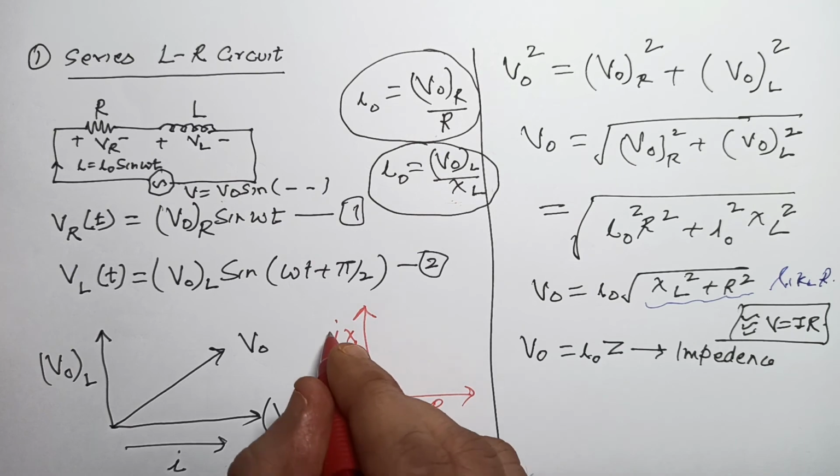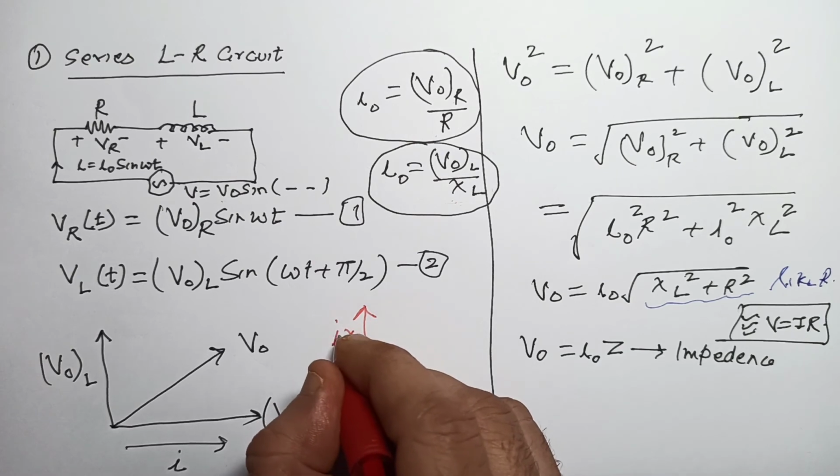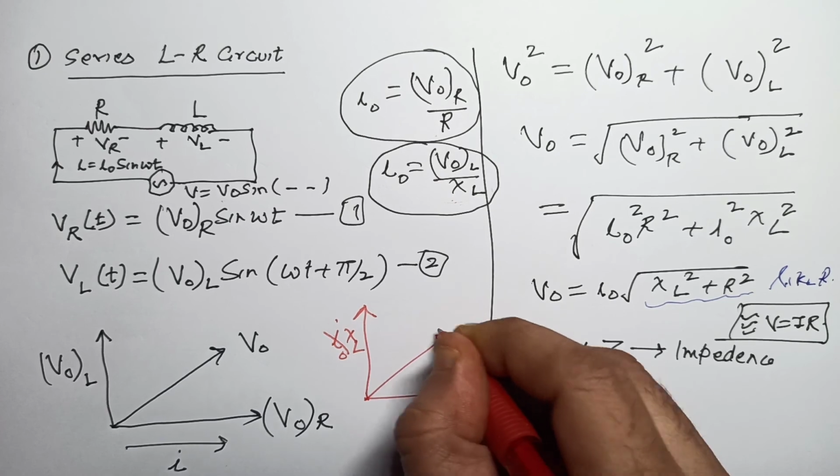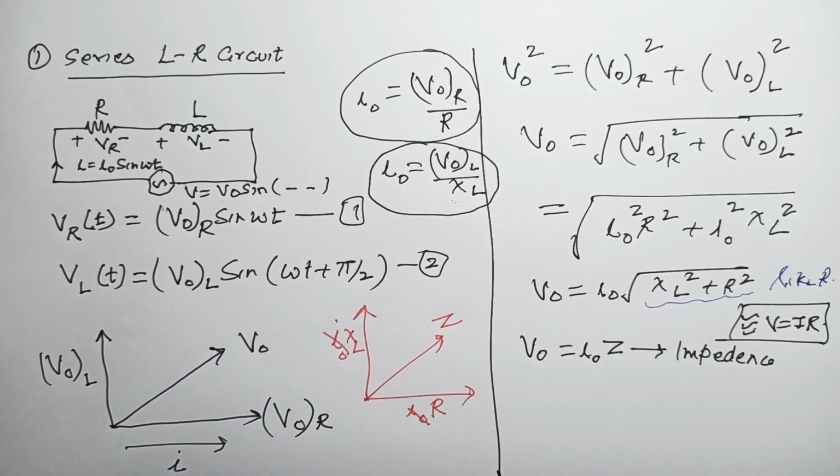Why? If we take I naught off, it becomes XL and R, and impedance is nothing but here, something which is a vector, the vector direction of the resultant of XL and R.